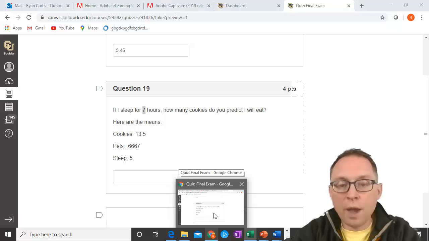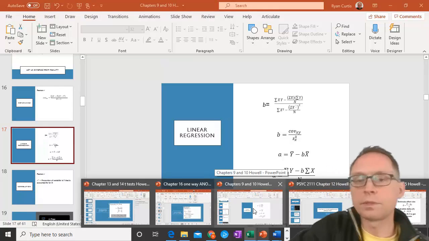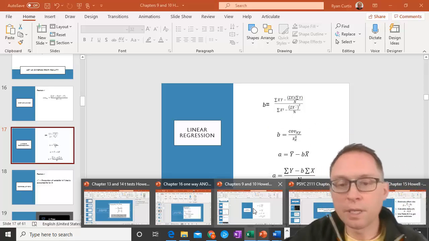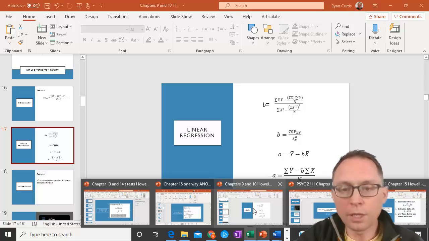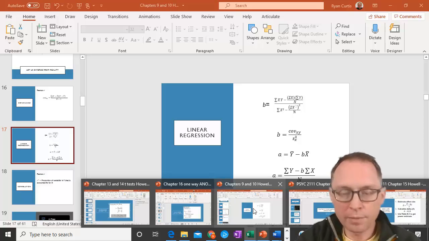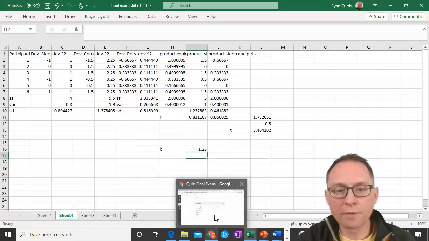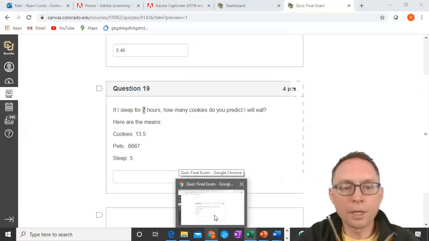I also need to get the Y-intercept. So how do I do that? Here it is right here. A equals the mean of Y minus B times the mean of X. All right. Y is going to be cookies. X is going to be sleep. Okay. So let's go ahead and take a look at the information that we have. Y is cookies, 13.5.